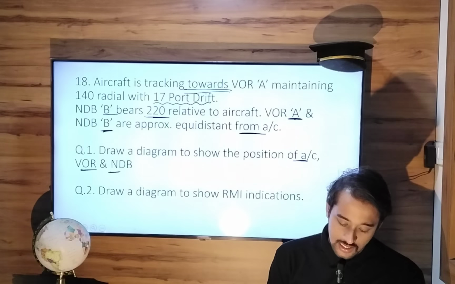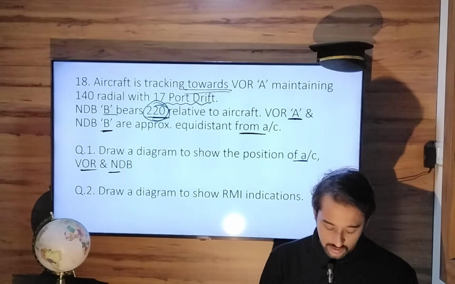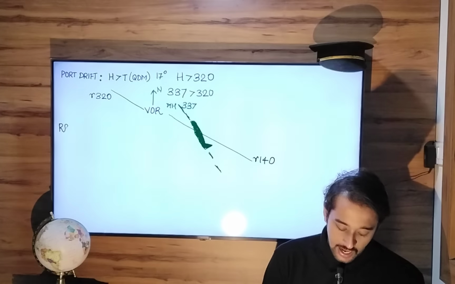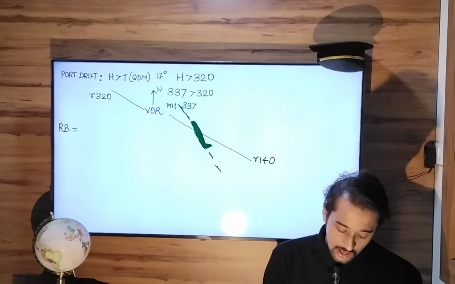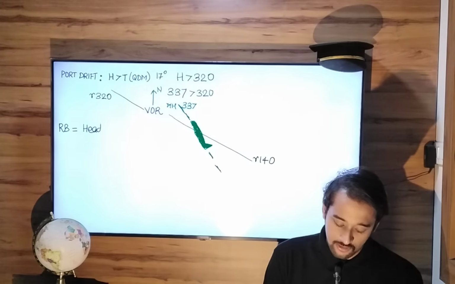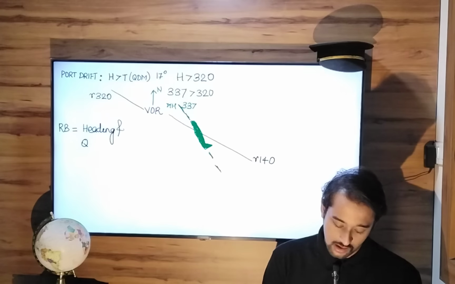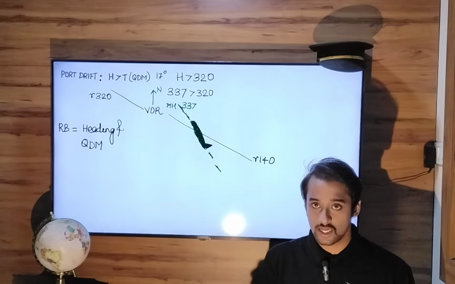Now the next data says there is an NDB which is at a relative bearing of 220. Relative bearings are the angles between your aircraft heading and QDM to the station.